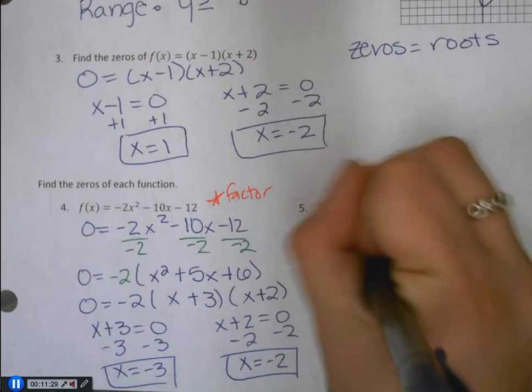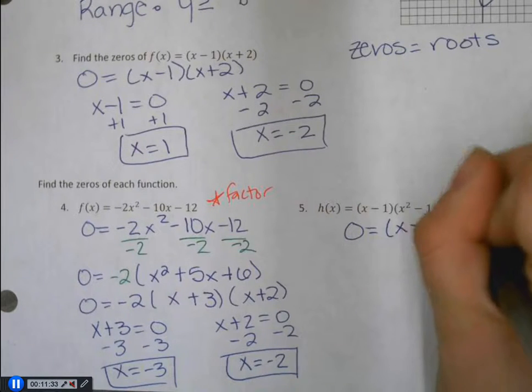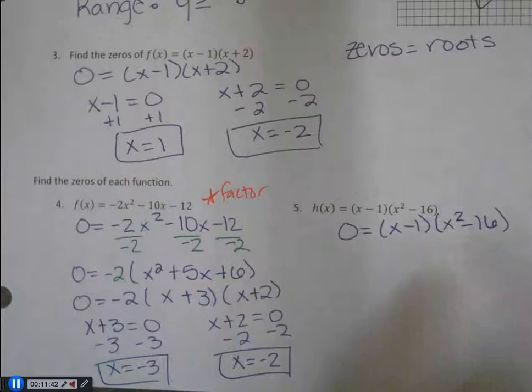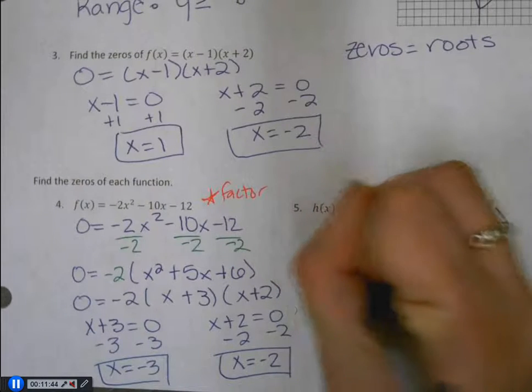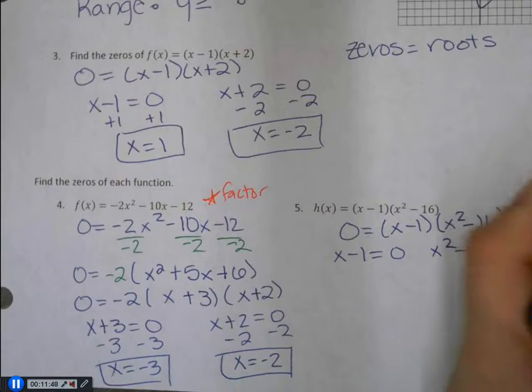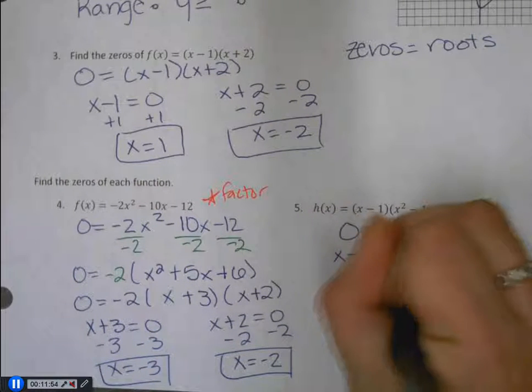I'm going to start off by setting it equal to 0. Then I'm going to split my two pieces up and set them individually equal to 0. On this one, I solve it like normal, I just add 1 to both sides.